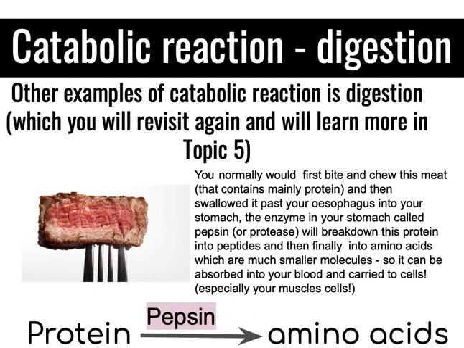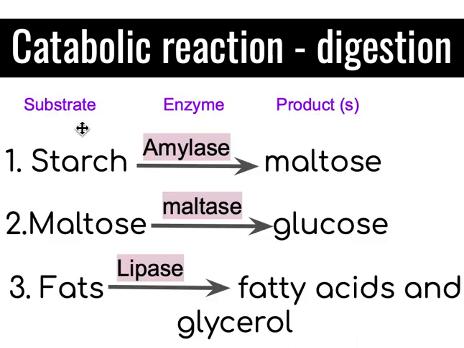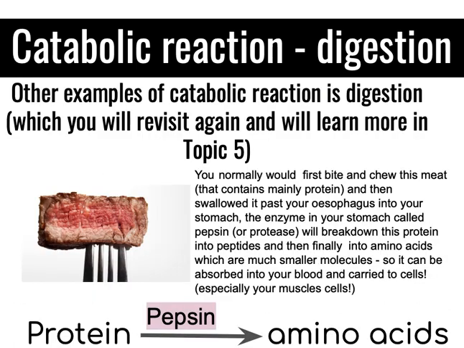The other types of substrate in digestion are starch, which we can find in rice or in ambuyat, maltose that we can find in sweeties, and also fats. And these are the enzymes that are used to break these down into smaller molecules so that these can then be absorbed into your blood.